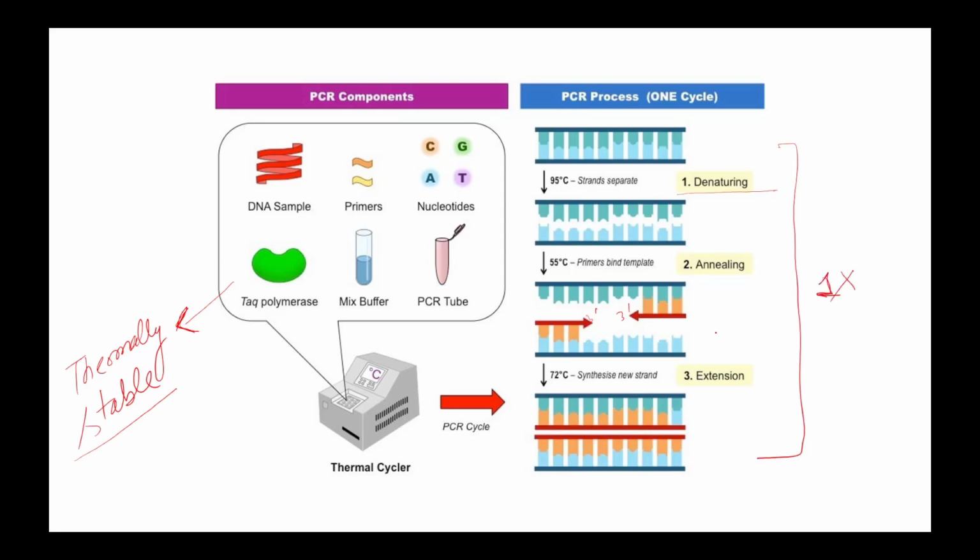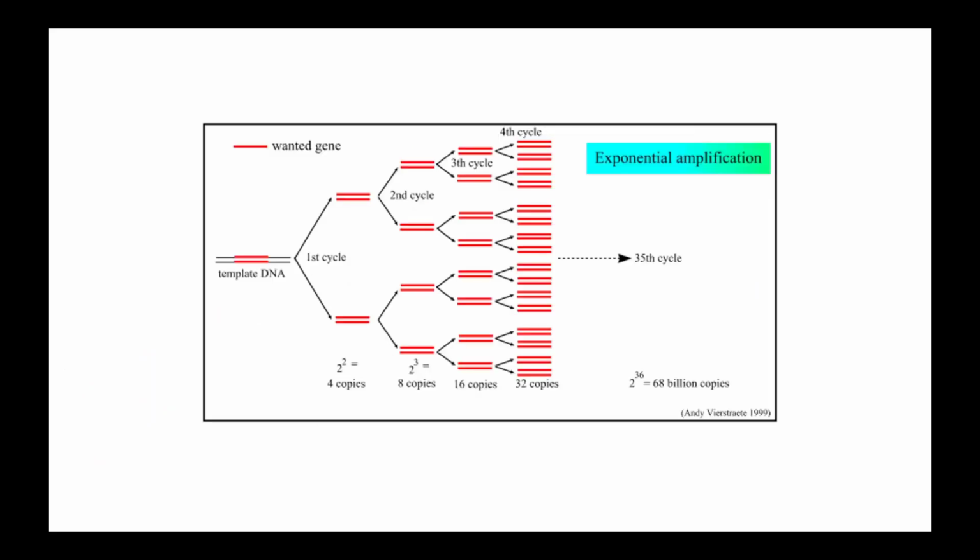Similarly, this step will be repeated several times inside the thermal cycler to get enough, or an amplified amount, of the DNA segment. Okay, so this is what we wanted. This is the template DNA. This red portion is the specific gene, and we provide the primer for this specific gene only.